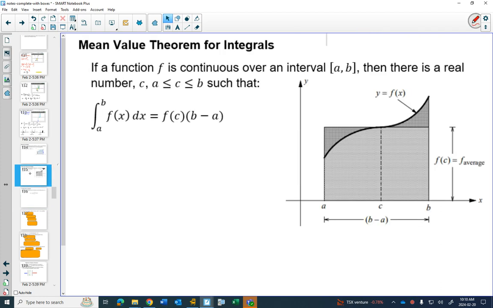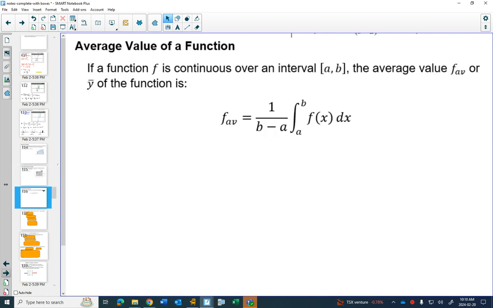This point C would be the average of the function because this area is f of c times b minus a. So if I want to find the average of the function, I would just have to divide by this b minus a, and I would find this f of c value. And that's all that's done here to go to the average value of the function. Which is kind of, I don't know, kind of cool.